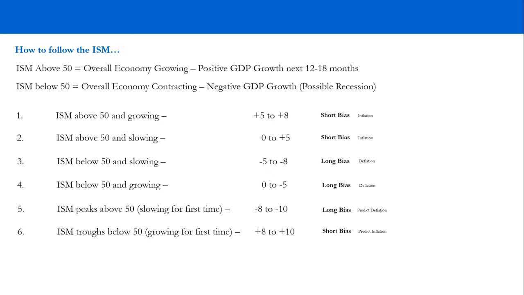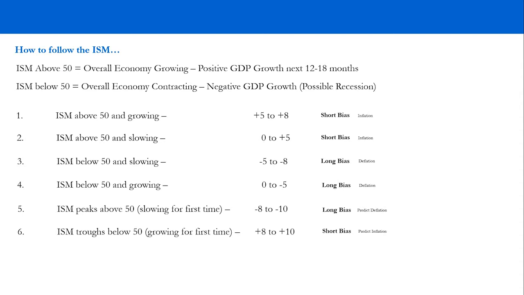Now, what if the ISM is below 50 and slowing? So the economy is set to slow down faster than last month. Well, we give this a minus score of -5 to -8. And this is predicting deflationary conditions in the future.